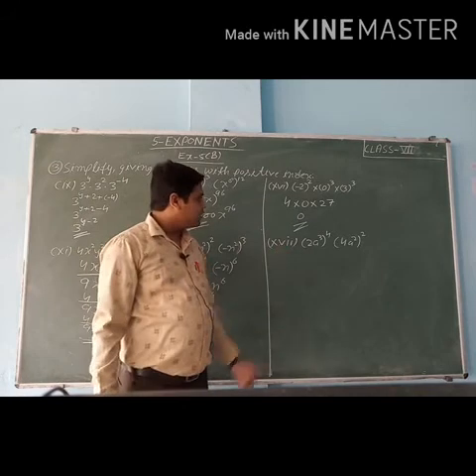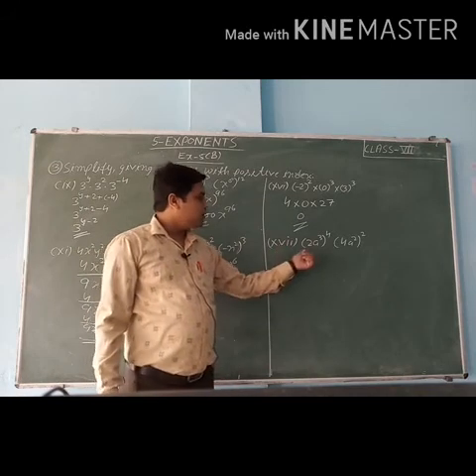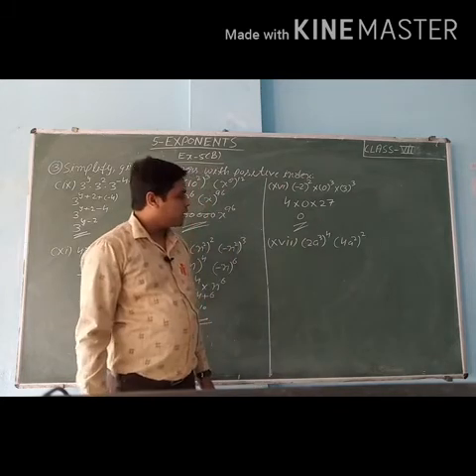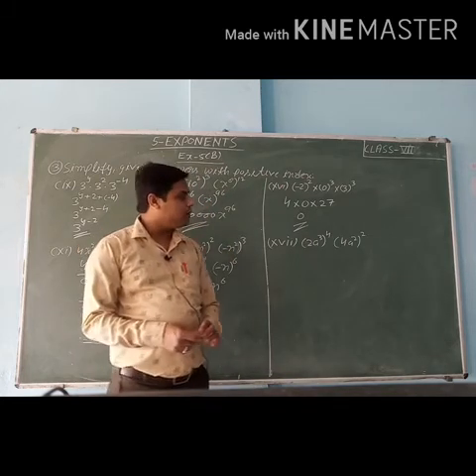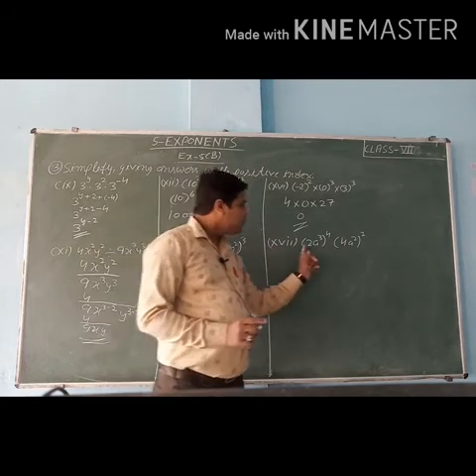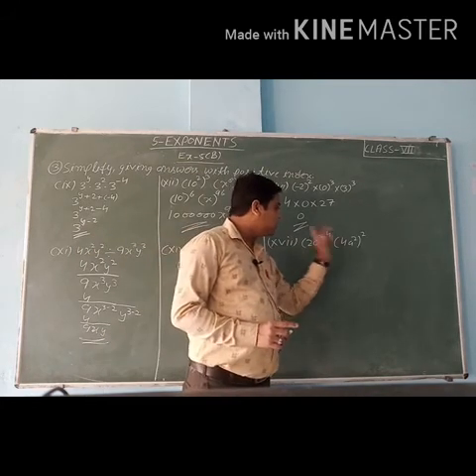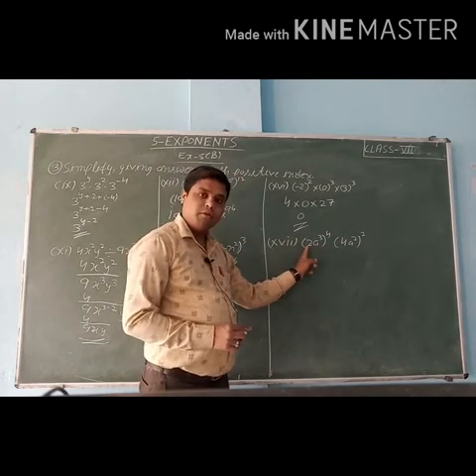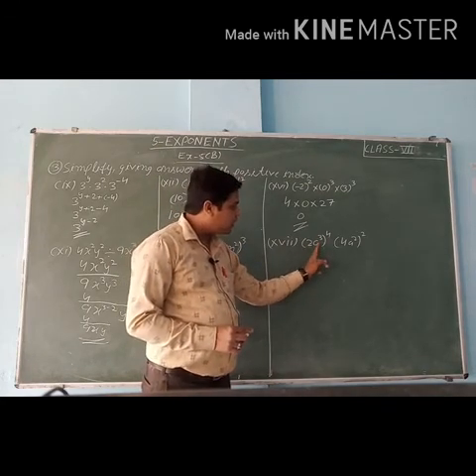Next, 17th part. 2a raised to the power 3, then whole power 4, bracket close, 4a square, then whole power 2. Students, see carefully. 2a raised to the power 3, then whole power 4. 4 is the power of 2 and also the power of a raised to the power 3.